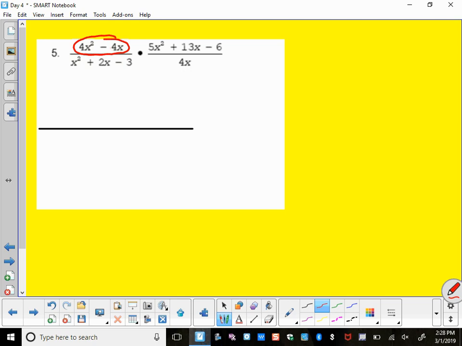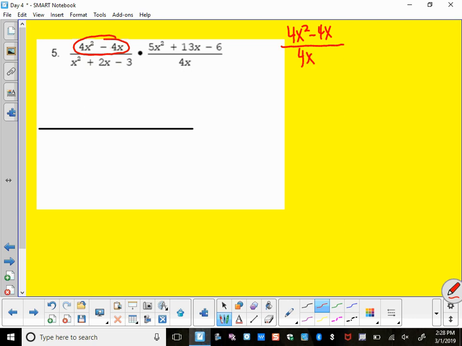What's my GCF here? I have 4x squared minus 4x. I have 4 and 4, so what's the largest number that goes into 4 and 4? And I have x squared and I have x, so what's this? Just x.